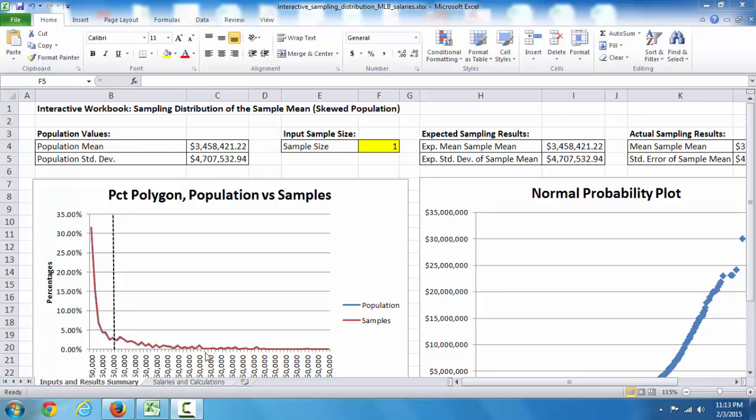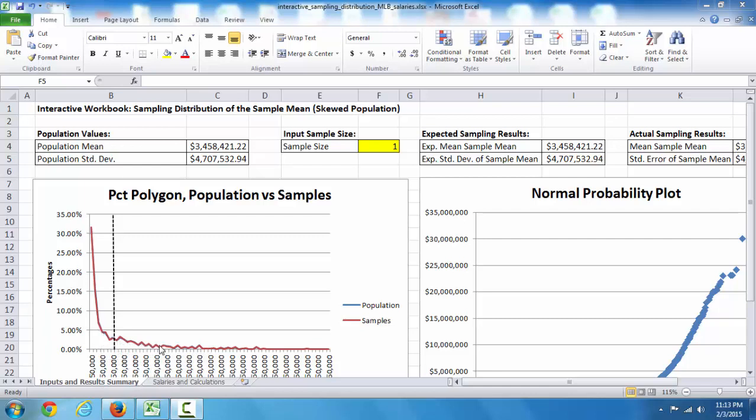Right now, you can only see one line, because if you take samples of size 1, the shape of the sampling distribution is going to be exactly the same as the shape of the underlying population. So this line here on the polygon is also what the salary distribution looks like for Major League Baseball salaries. You have a whole bunch of them here around 500,000 to 1 million.